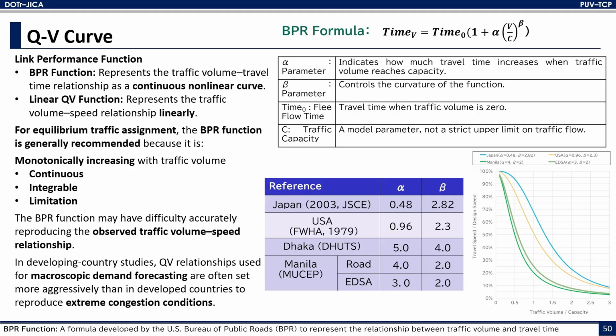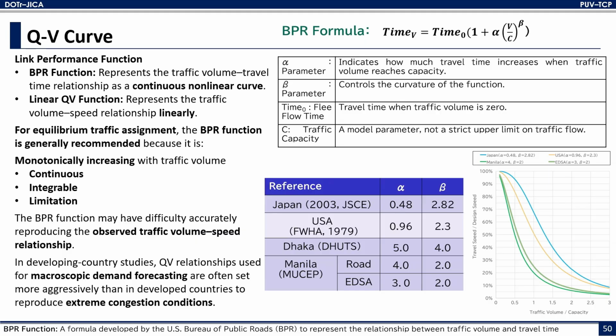Sometimes the parameters are more aggressive values, as shown in this table. For example, compared with Japan and the United States, in the Bangladesh and Metro Manila cases, larger values of alpha and beta are applied. In those cases, the travel delay caused by traffic volume and congestion is much larger or longer than in these countries.